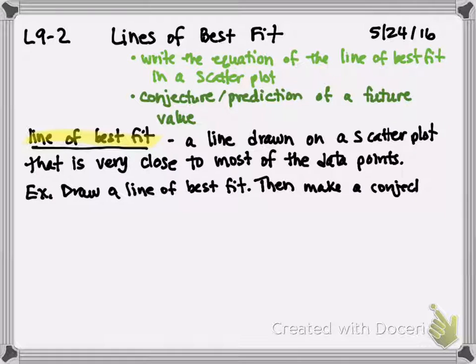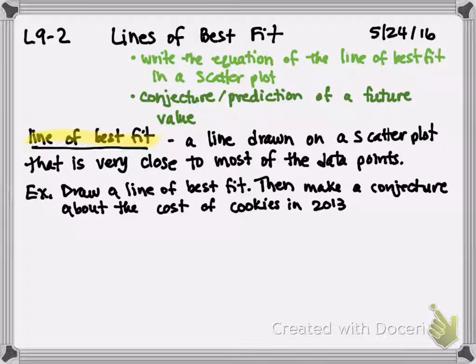So a conjecture is a guess, but it's an educated guess. It's not just out in the air. It's based on what you can observe. About the cost of cookies in 2013.